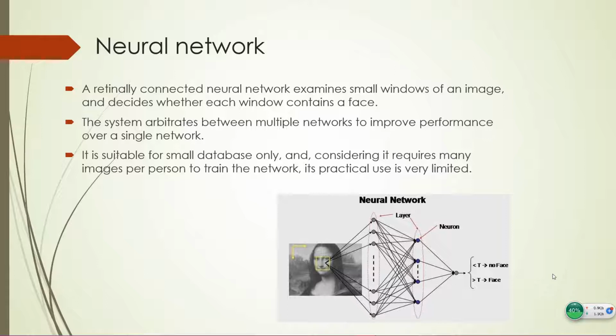As we can see from this image, the system chooses several small windows of the image, and by comparing these windows, it can decide which one contains a face and which ones do not. They have different layers, and these layers are compared with each other, and there are neurons, which is also the reason why it is called a neural network.